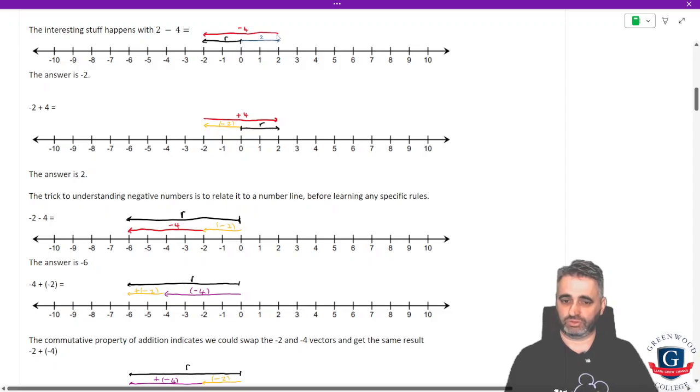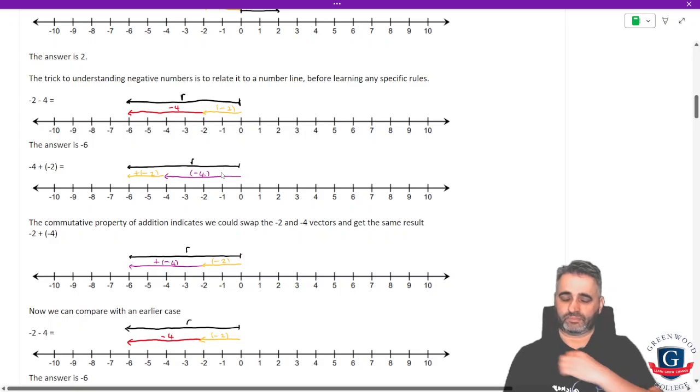So 2 minus 4, this distance is 2 in the opposite direction, or -2. And similarly, if we use the -2 vector and then we add 4 to it, the answer is 2 from 0 to the end. So here to here and then here to here, -2 plus 4, the answer is 2. The answer is always measured from 0.